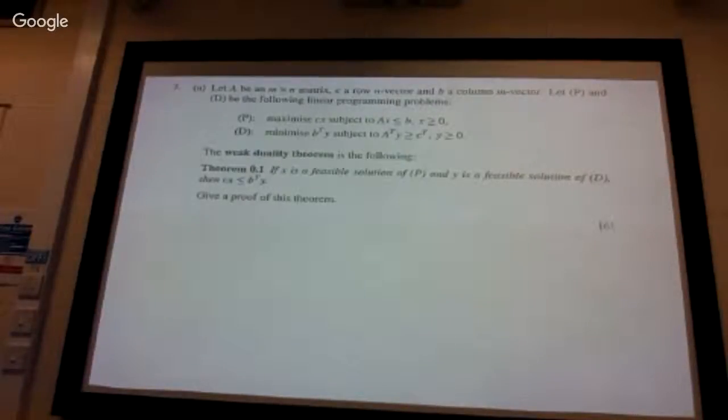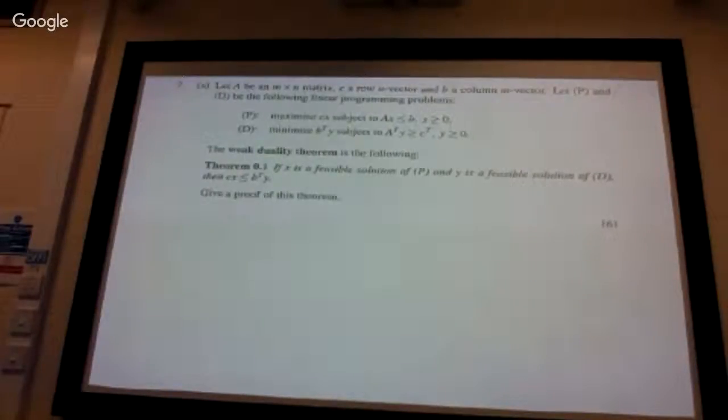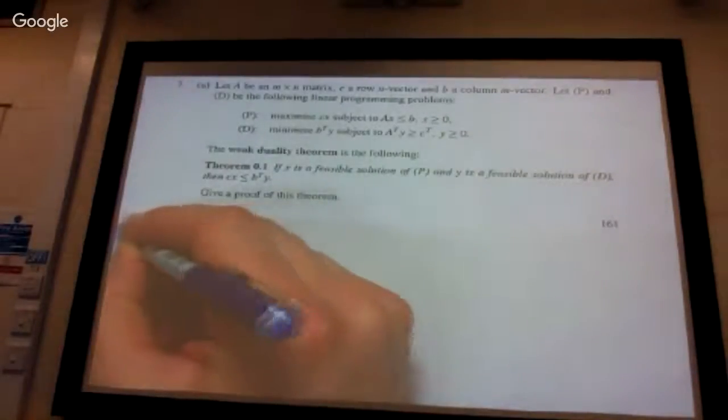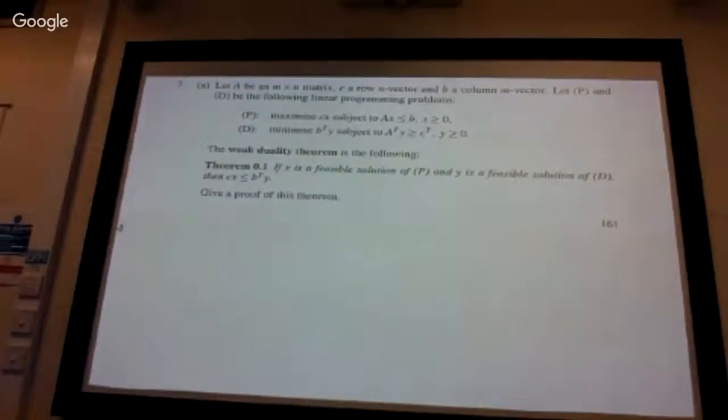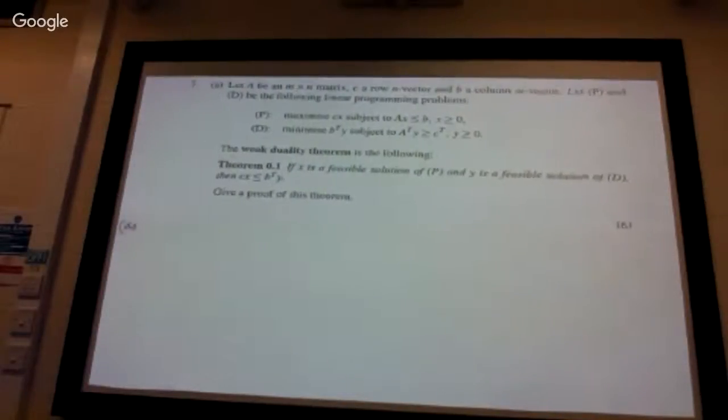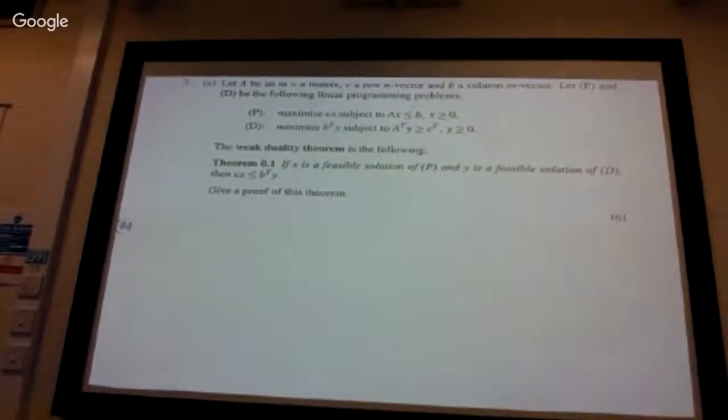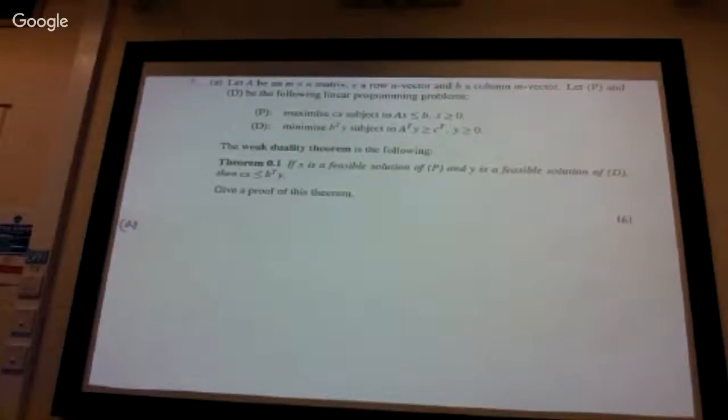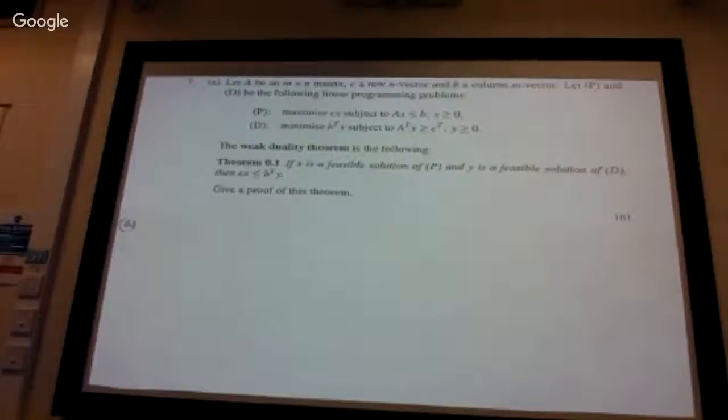It's a proof that we did in the lecture, and it's in the booklet. You've probably forgotten by now, but it isn't very hard to do.